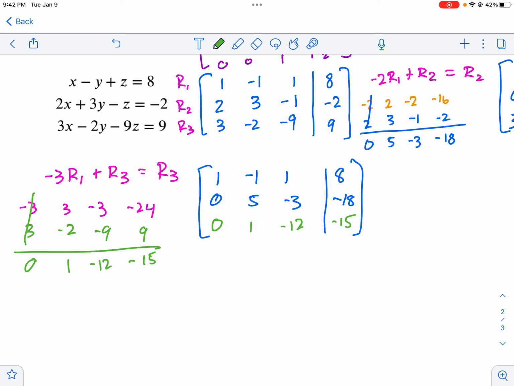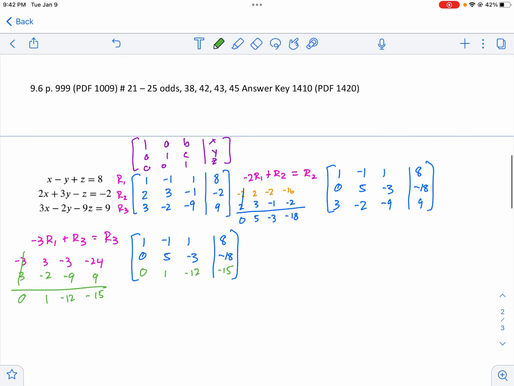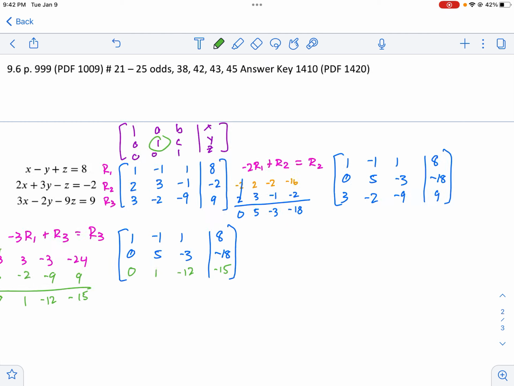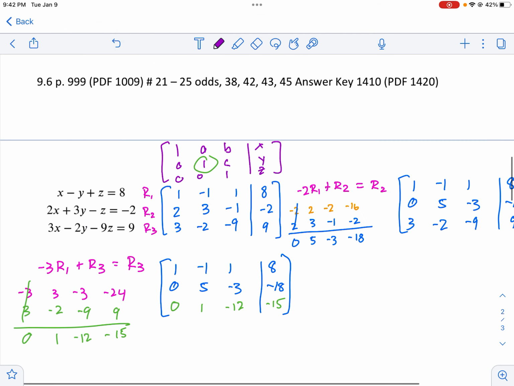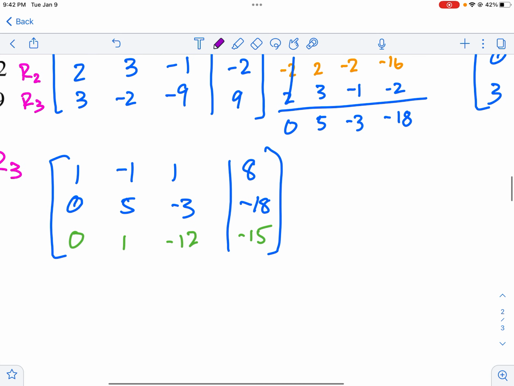Okay, so I got zeros here. Okay, I got a 1 here. I have a 1 here. Here's another trick. If I want a 1 in the middle, what I can do is take row 2 and just change it with row 3. I'm just going to flip the order.